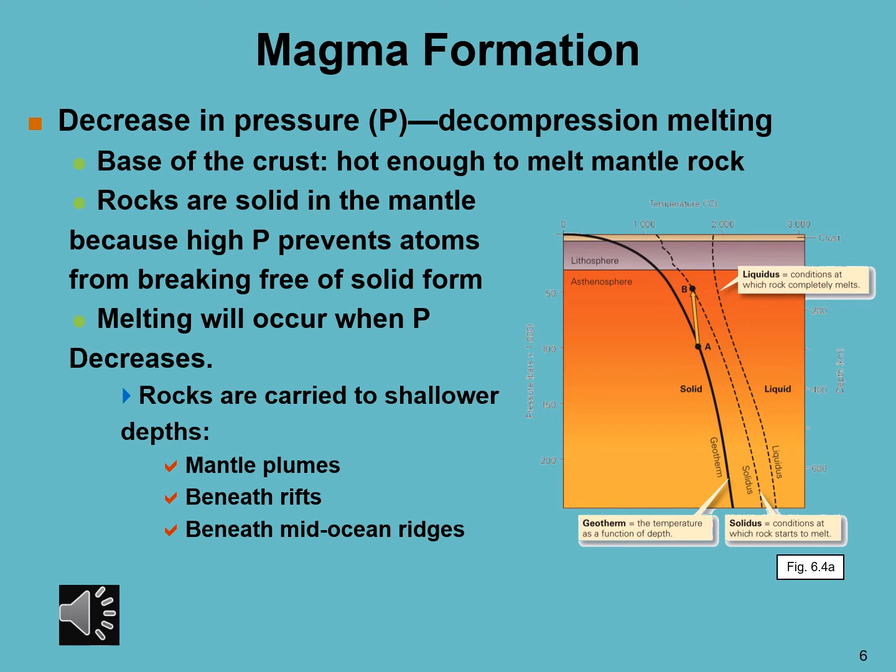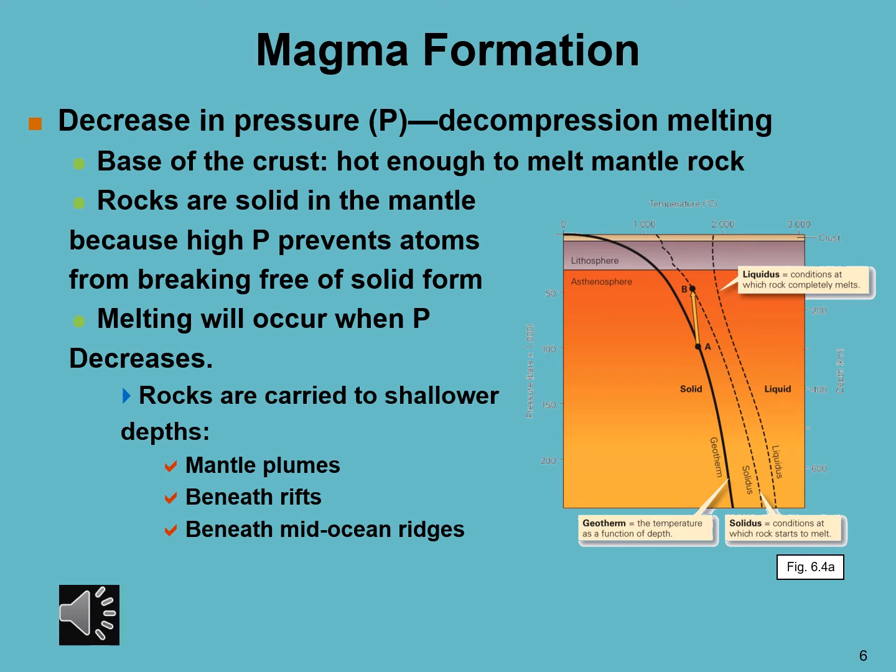However, if the pressure affecting hot mantle rock decreases while the rock's temperature remains nearly unchanged, the rock may melt from A to B in the diagram. In the image, the black line is the geothermal line, temperature change with increased depth or pressure.